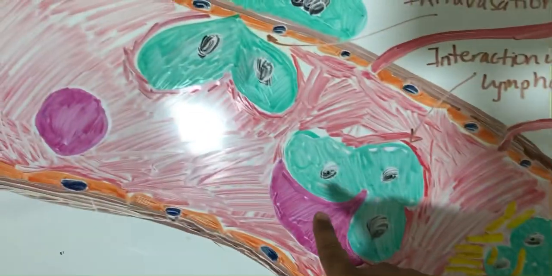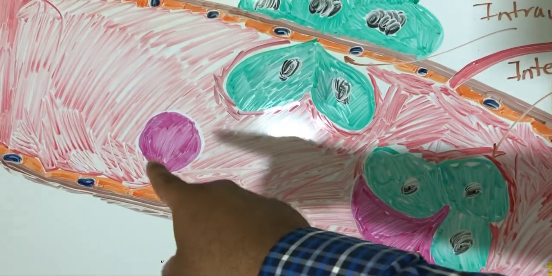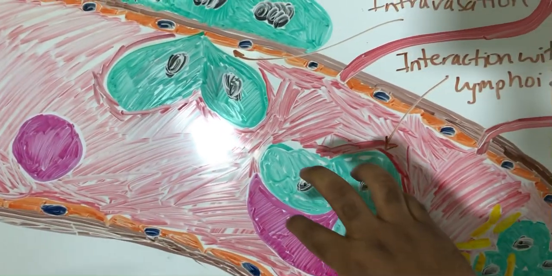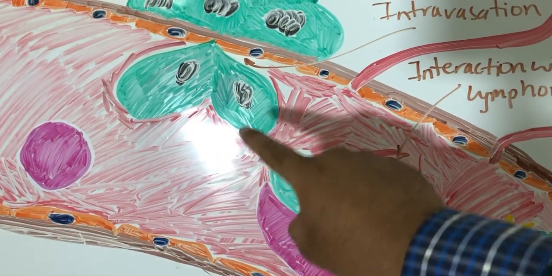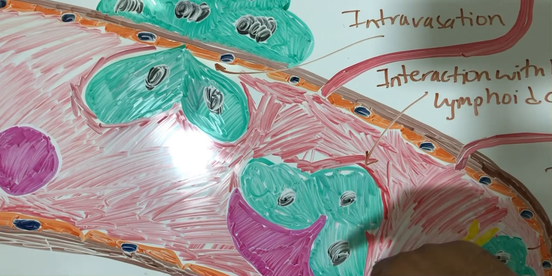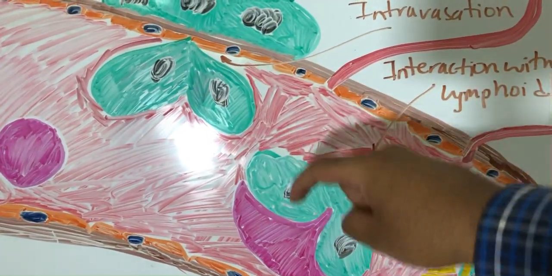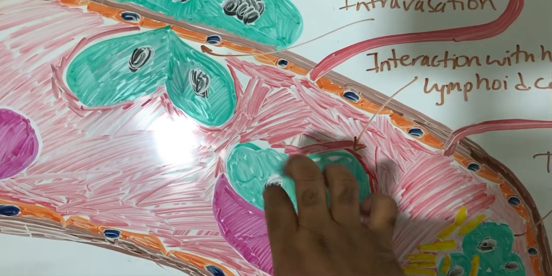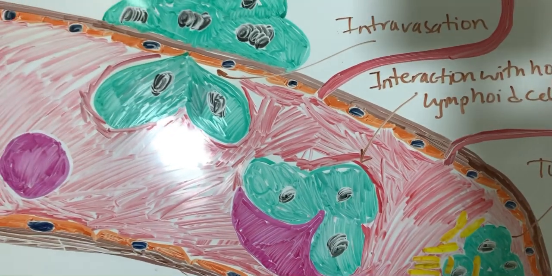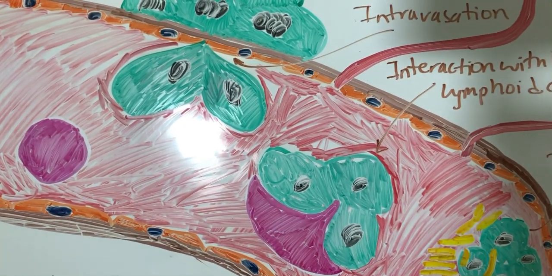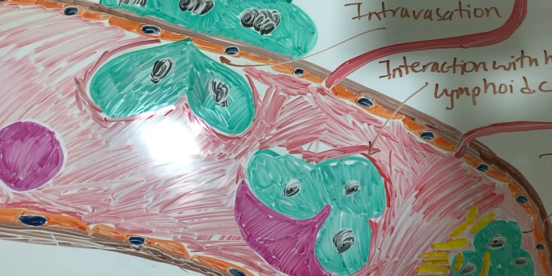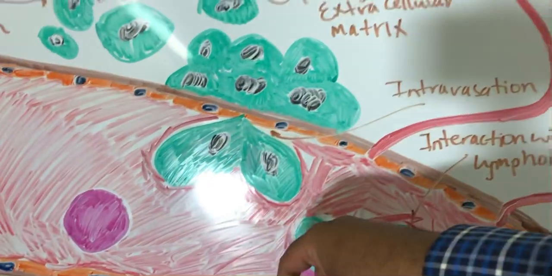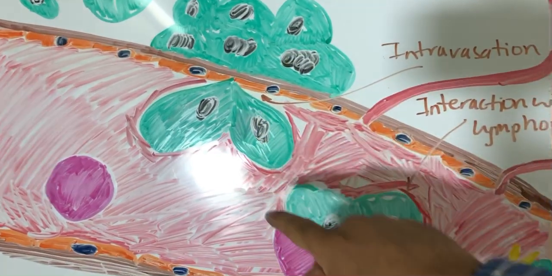As we see here, that purple lymphocyte has now attached to that metastatic subclone that has now entered, intravasated into the blood vessel and traveled, and it will destroy it and remove it.